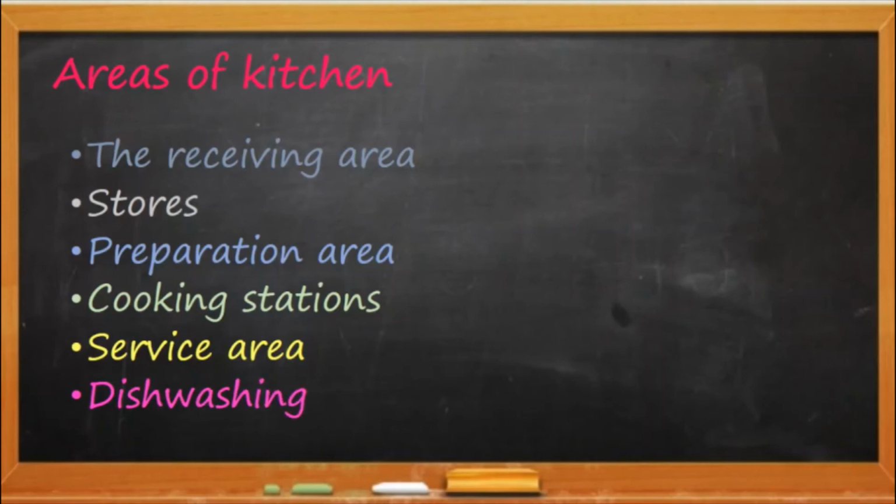Dishwashing. This area is defined to wash the dirty utensils of the kitchen department. Offices. It includes the offices for the executive chef, sous chef, and other staff members of the kitchen department. Facilities.